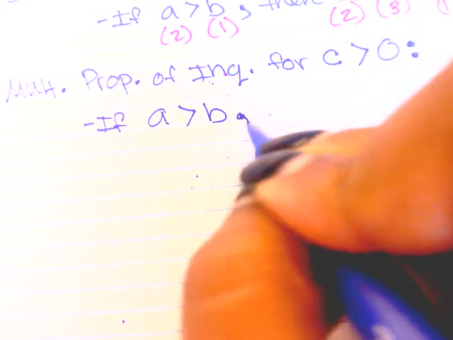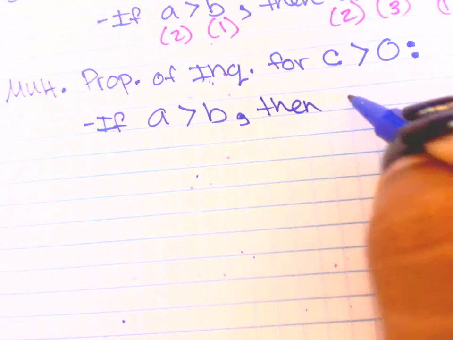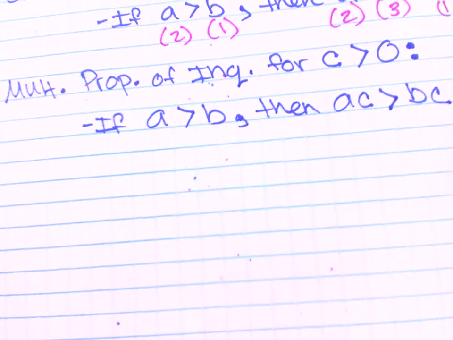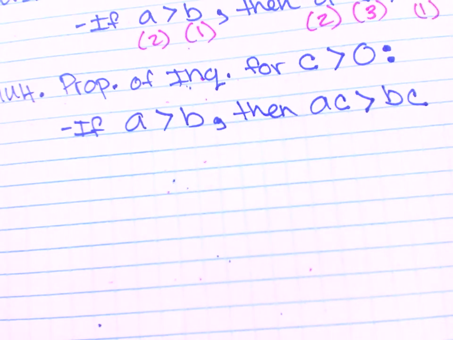So that means if A is greater than B, then A times C is going to be greater than B times C. So if the first number is bigger than the second number, whatever you add to that, it's still going to be bigger than the second number. Or whatever you multiply to that, it's still going to be bigger than the second number.